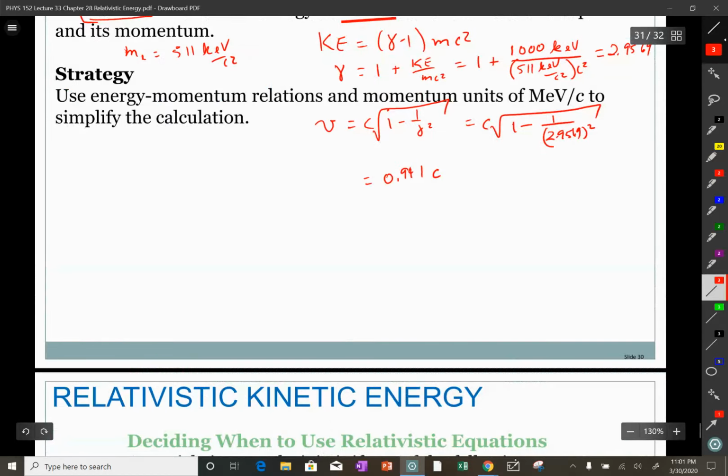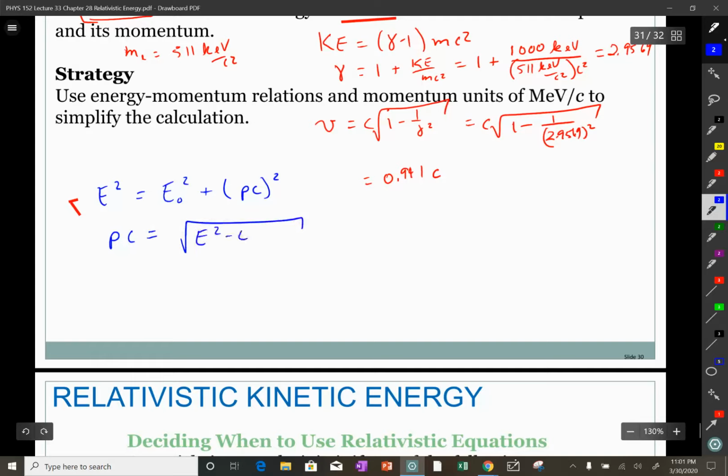So we have the total energy squared is equal to the rest energy squared plus PC quantity squared. So PC is equal to the square root of E squared minus E0 squared.